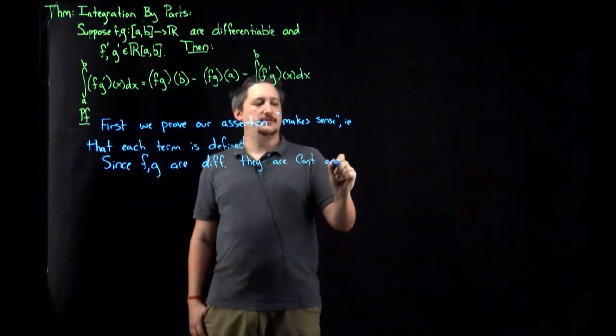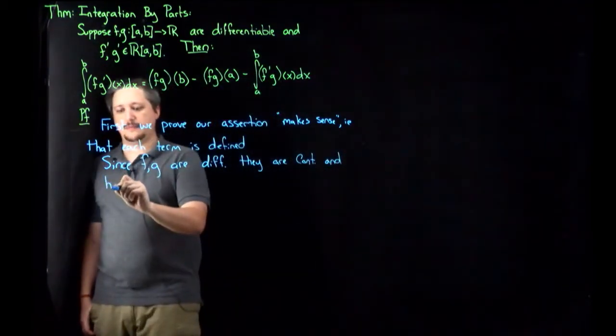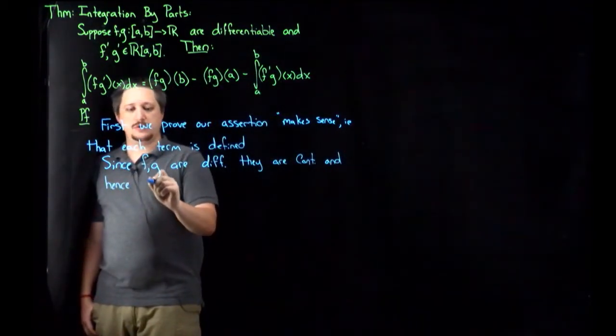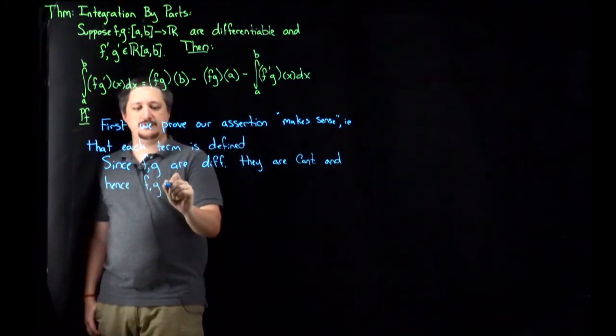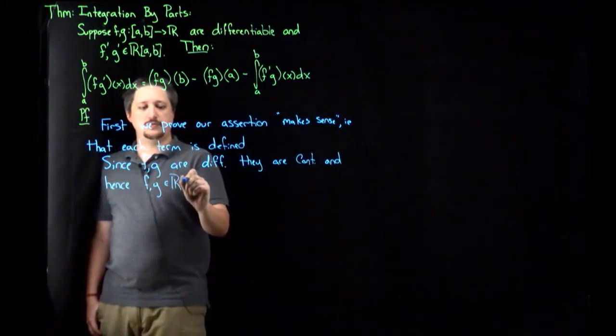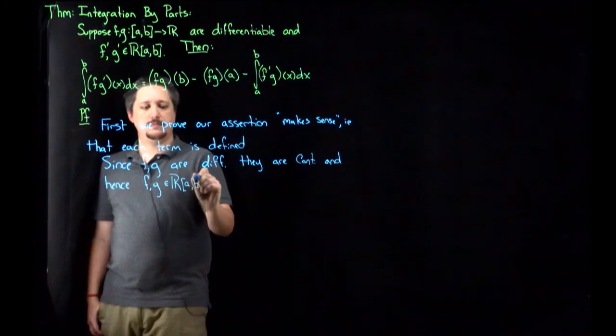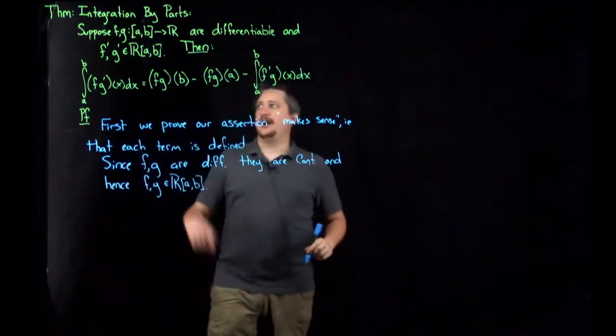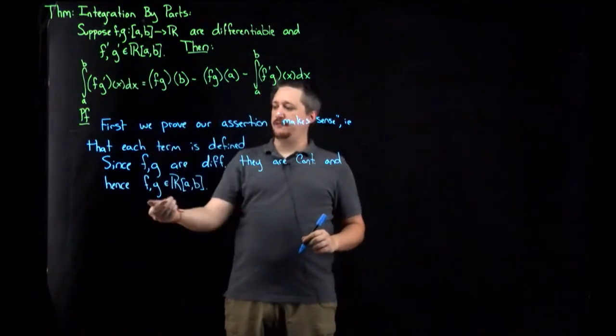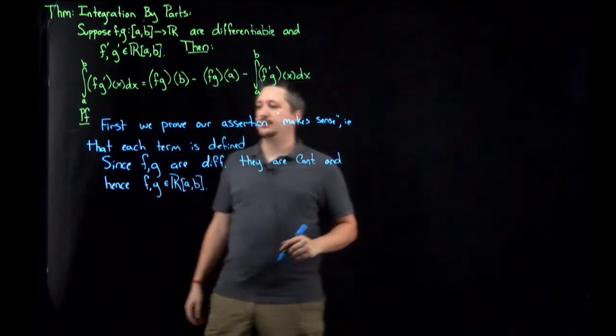And hence, f and g are themselves Riemann integrable. Okay, so I have that f prime and g prime are Riemann integrable. I have f and g themselves are Riemann integrable.